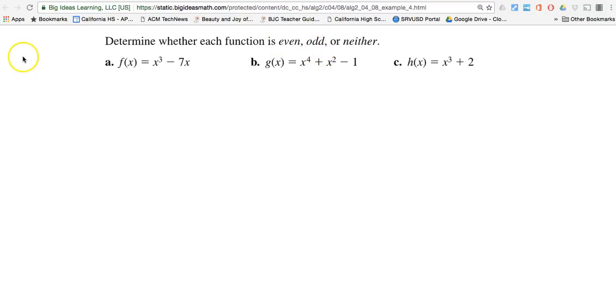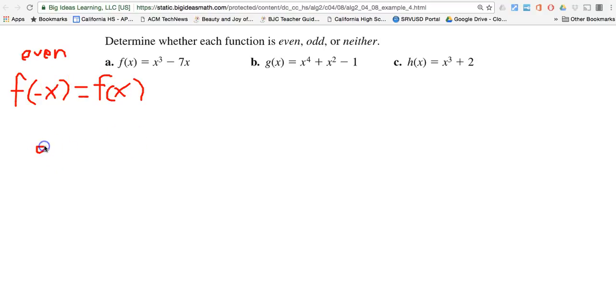So the first definition: if a function's even, what that means is that if we take our input and make it negative, that's going to equal our original function. So if we take our input and switch all of our variables to negative numbers and then simplify our parentheses, and it still equals the same original function, it's an even function.